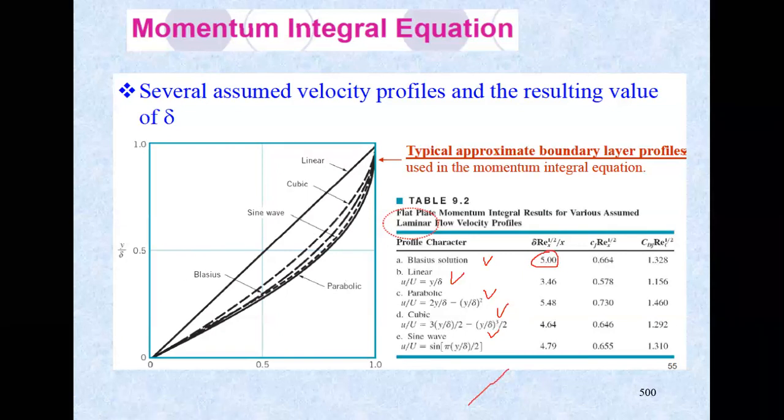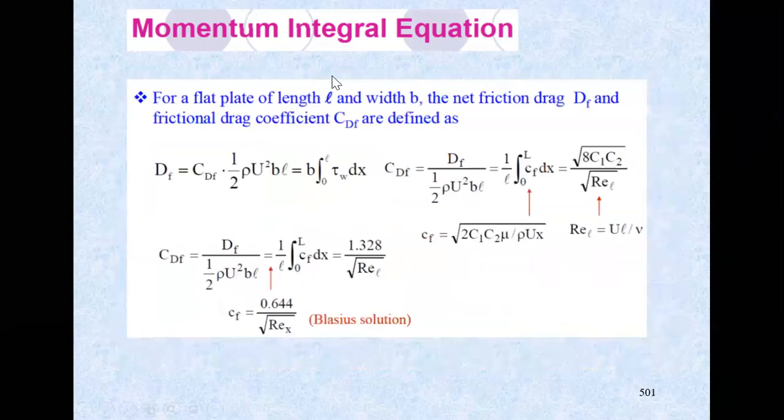And okay, so this is the momentum integral equations, and then for a flat plate with a given length L and width B, and the net friction drag dF, and also the frictional drag coefficient CDF, we can derive those equations to get these solutions. And it is confirmed with the Blasius solutions. Because ultimately we want to know what the drag force is, actually the friction drag force.